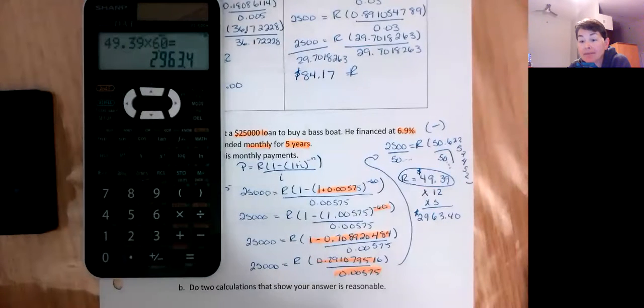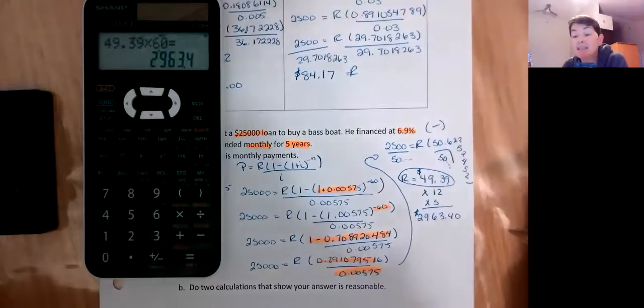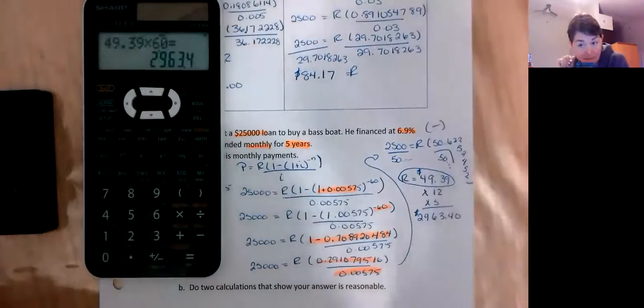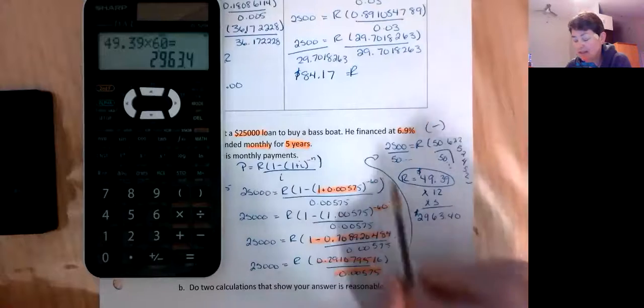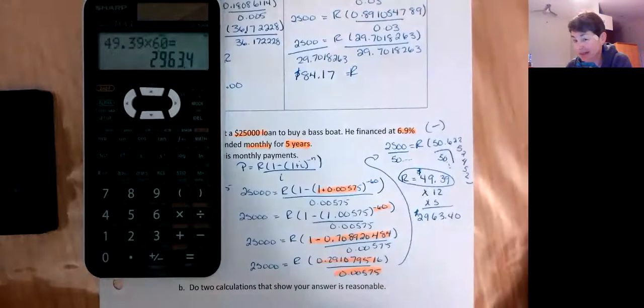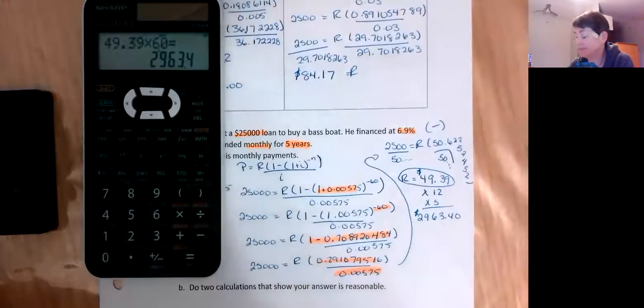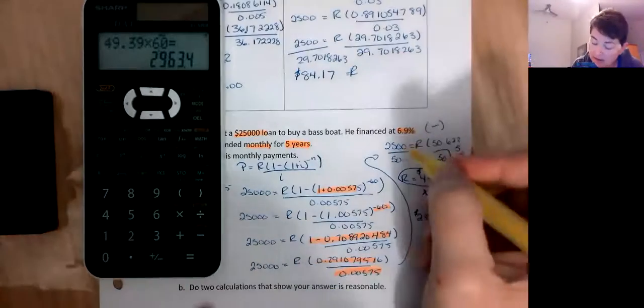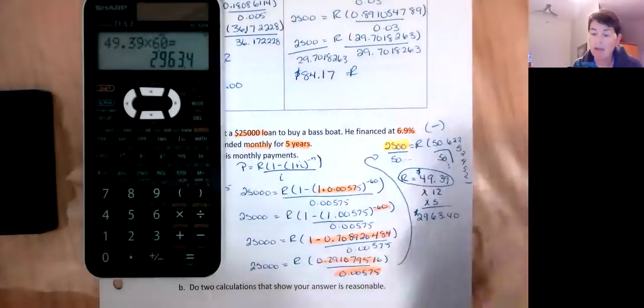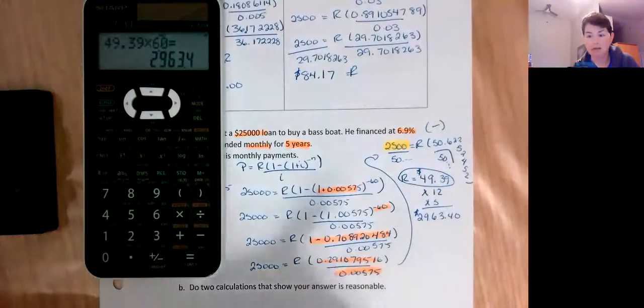That's why you want to check. Actually, this seems really cheap, like a $25,000 loan and you're paying like $50 a month on it. Anybody see the mistake? I hope you were yelling at me when I made it. It's right here. I lost one of my zeros.